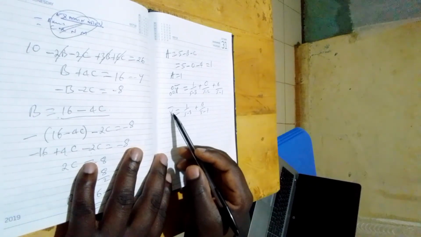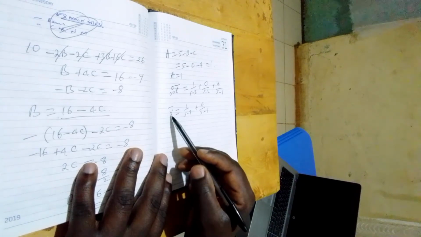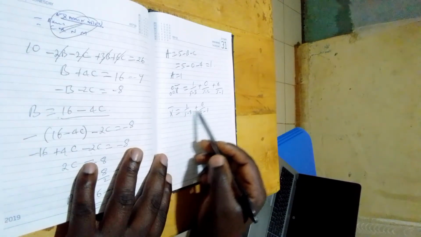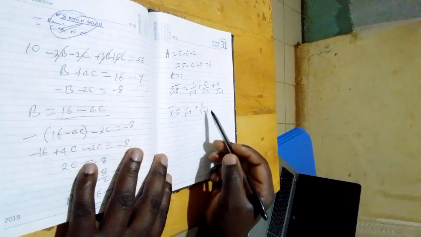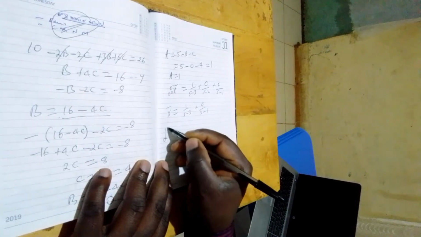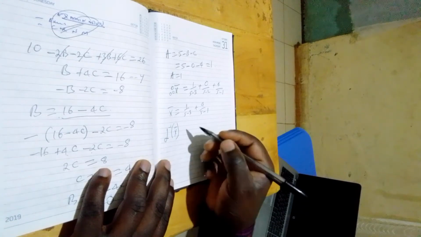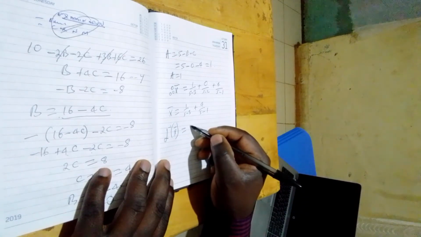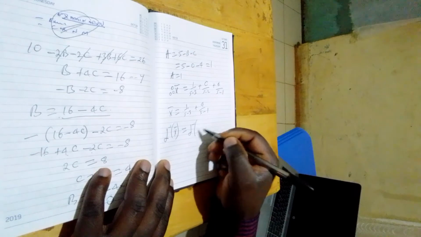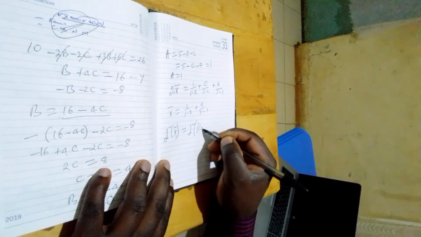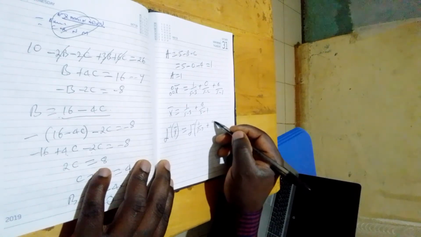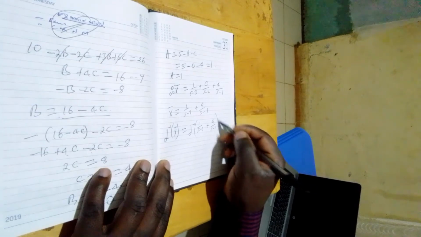Now to get the value of x, we get the inverse Laplace transform of this equation. The Laplace inverse of x bar equals to the inverse of 1 over s minus 3 plus 4 over s minus 1.